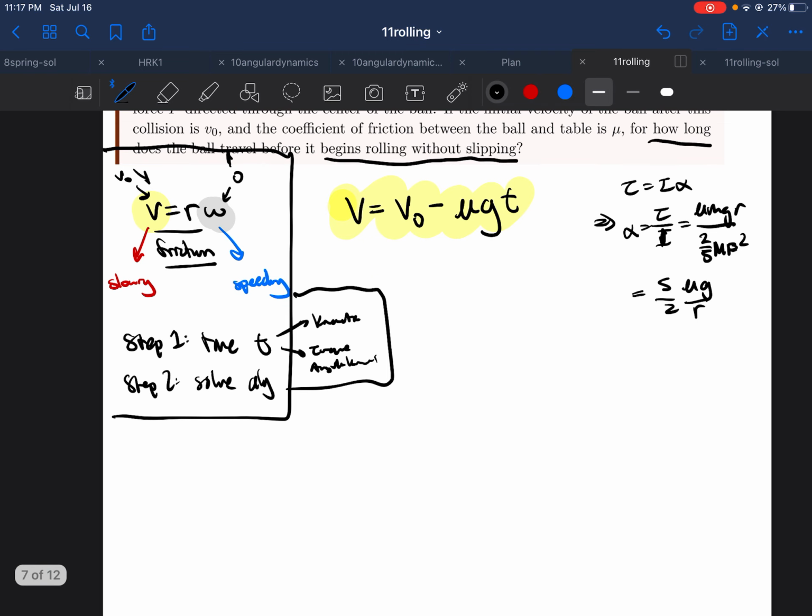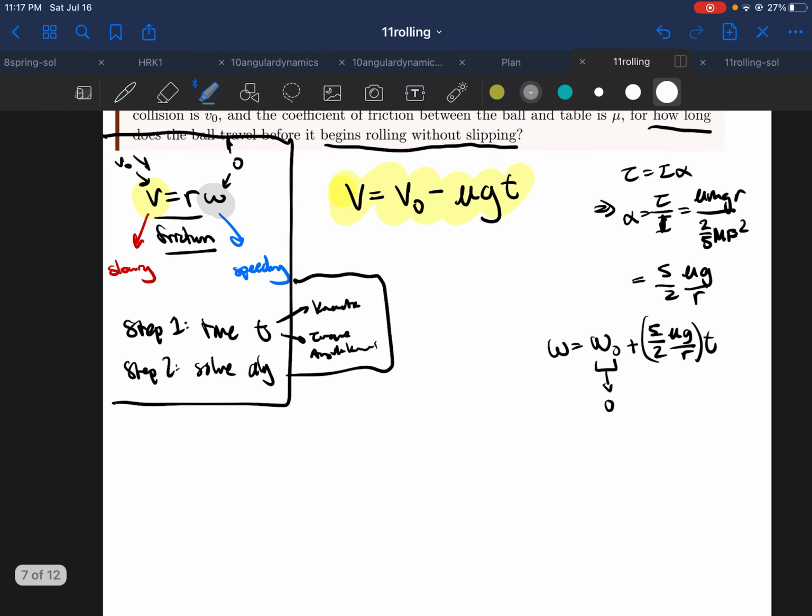So we can use the same kinematics equations and get that the omega after a certain time t is going to be the initial omega, which is 0, plus this angular acceleration, 5 over 2 mu g over r, times t. This is the second part of our step 1.